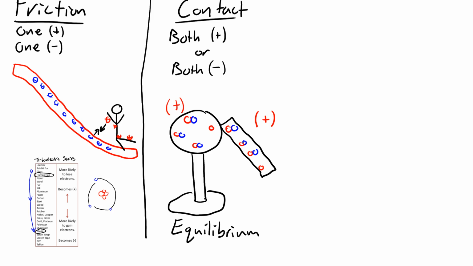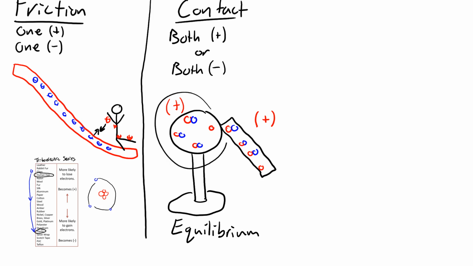If you count them up, we have 3 neutral atoms and 1 excess proton now, so the sphere is definitely positive. And we have 1, 2, 3 neutral atoms, but we still have an excess proton. So the rod is positive. Now again, it's not as positive as it was before, but it's still positive.